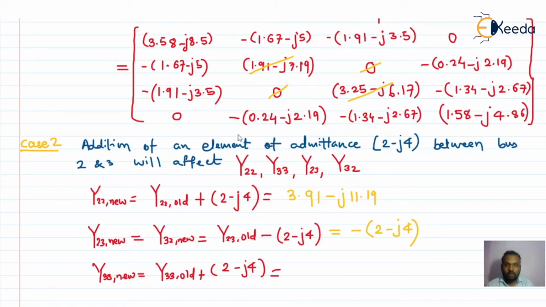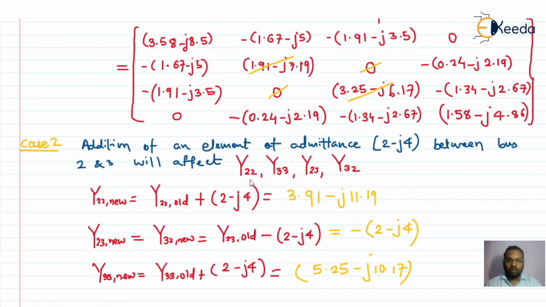You solve this and you should get the value 5.25 minus j10.17. So this is how these four values are going to be modified.